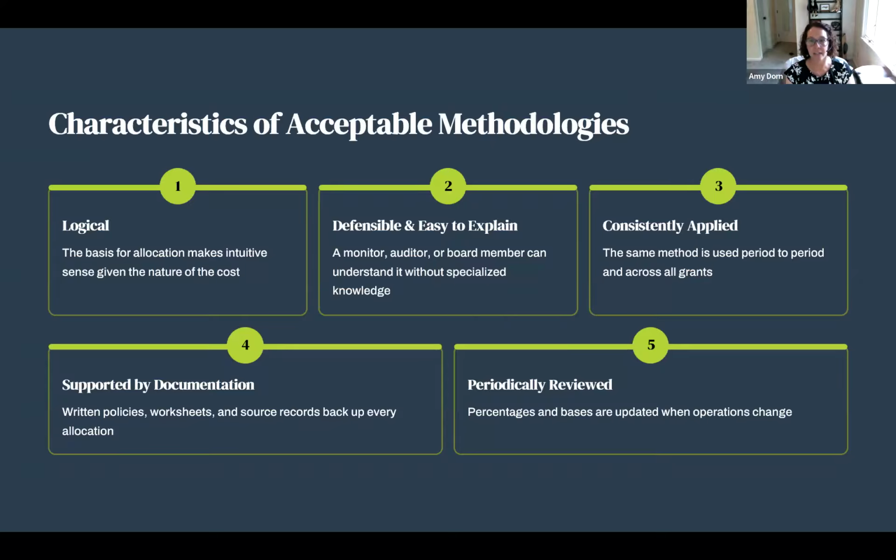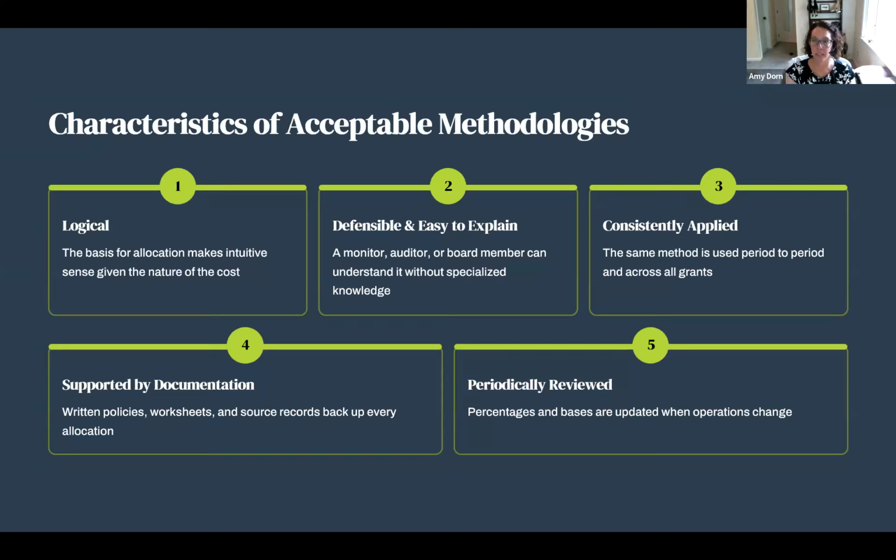And then it does need to be periodically reviewed. I know Andrew and I have both gone to agencies where we start looking back in the books and they've been allocating exactly the same way with exactly the same percentages for years upon years upon years. And there's no documentation on a yearly basis that they looked at those allocations, retested it somehow and determined that, yes, it was still a good allocation to use.